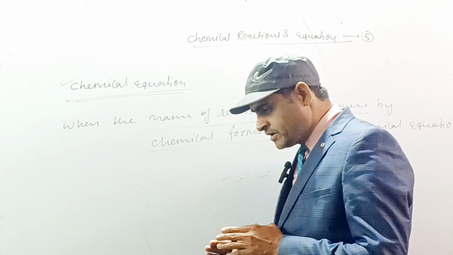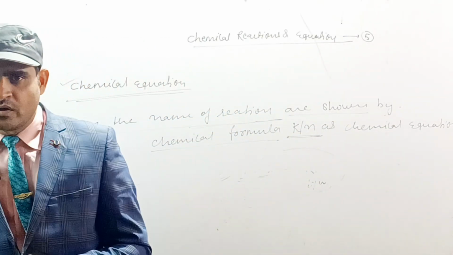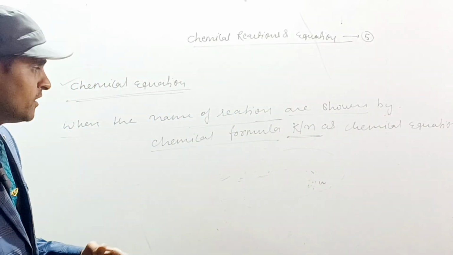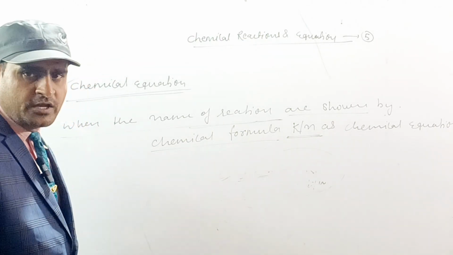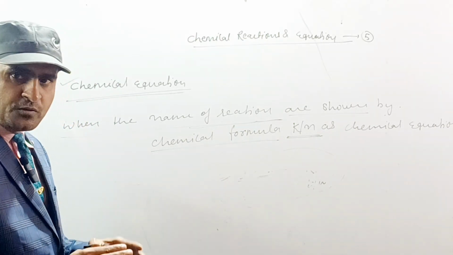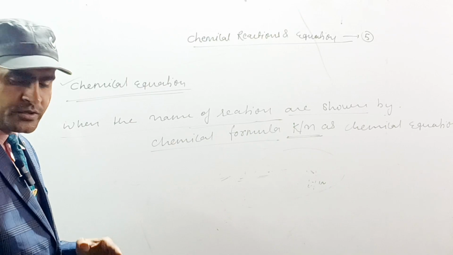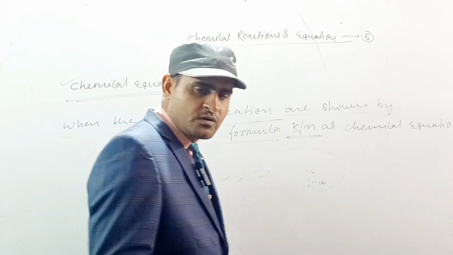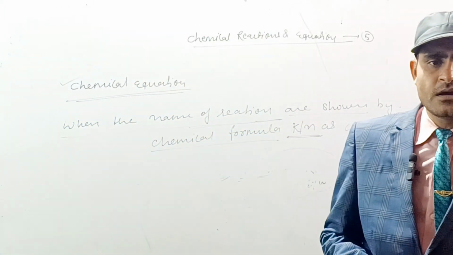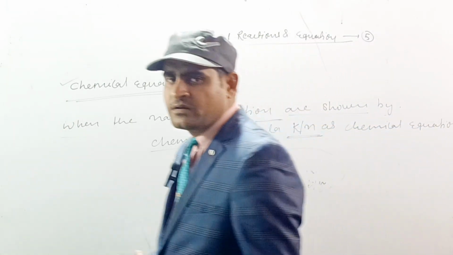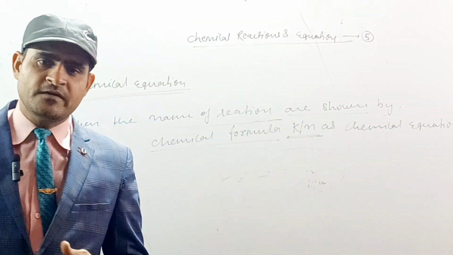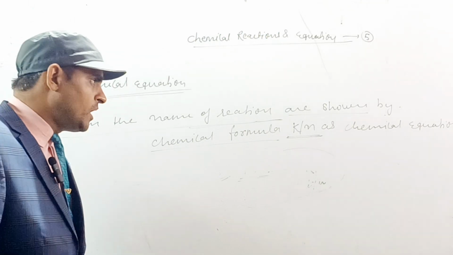Note, he wants to see what language is written in your book. If you copy your answer according to your book, you can get low marks, and if you answer in your own language, you can get good marks.